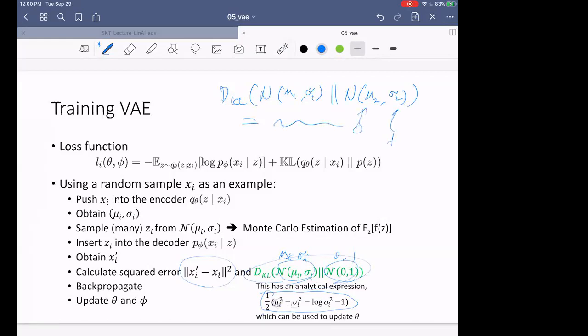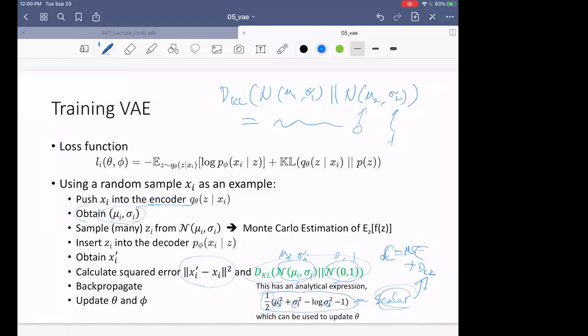And the mu and sigma are coming from the encoder, right? So you can calculate some value here, some value here, some value here, and then this becomes some scalar value, and you can plug that into your loss. Your loss is like MSE plus D_KL. So that is your scalar value in your loss function.